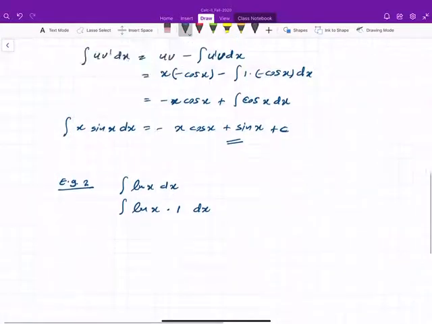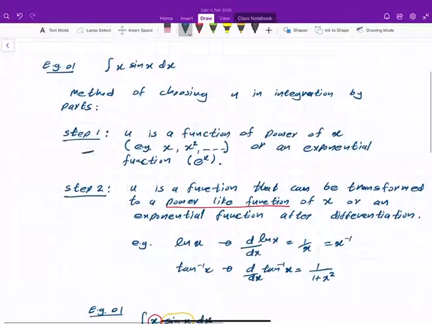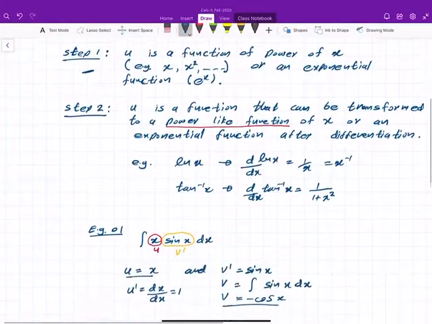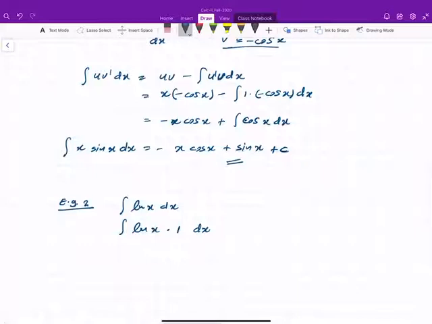Now go to step number 1. Step number 1 says you have to find u as a function of power of x. You don't have a function like that. There are two functions, none of them are like power of x.